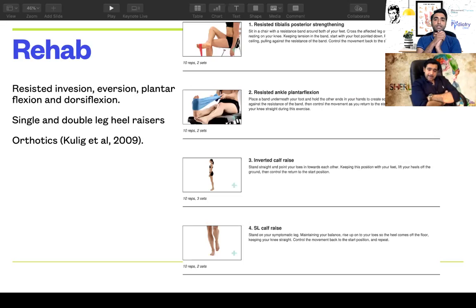We talked about these in several of our previous talks: how we would progress, how we would regress, the plyometrics, and how you'd focus on sport-specific exercises. But these are the basic exercises one needs to do. And if somebody wants to do these things at home, this is something they can start off from.